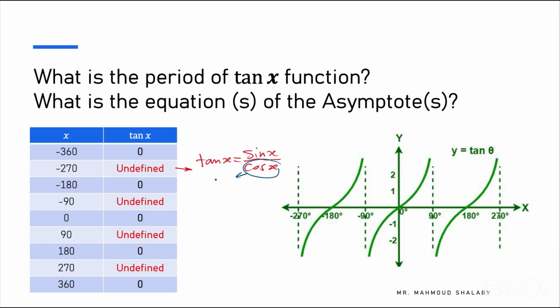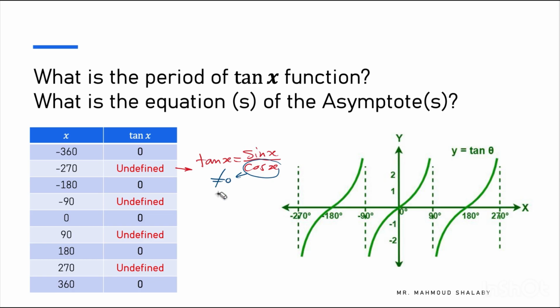So the denominator cannot equal 0, because if we have a 0 here, it will be undefined. And we know that cosine equals 0 at these values, like cosine 90 is 0, cosine 270 is 0, cosine negative 90 is 0, cosine negative 270 is 0. So that's why when we calculate the tan and divide by a 0, the function will be undefined.